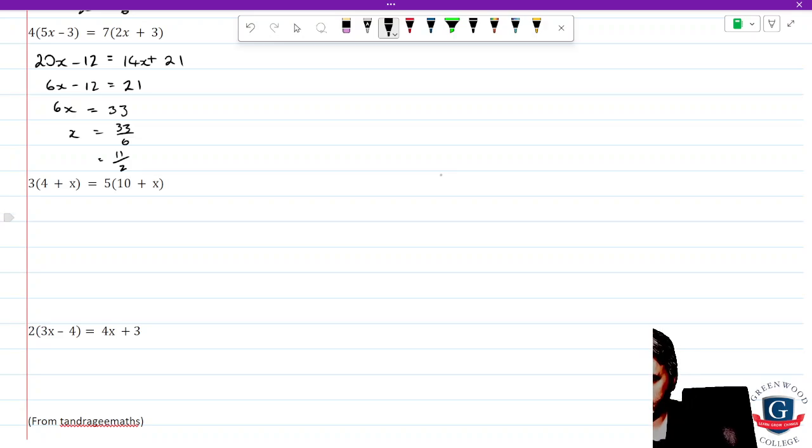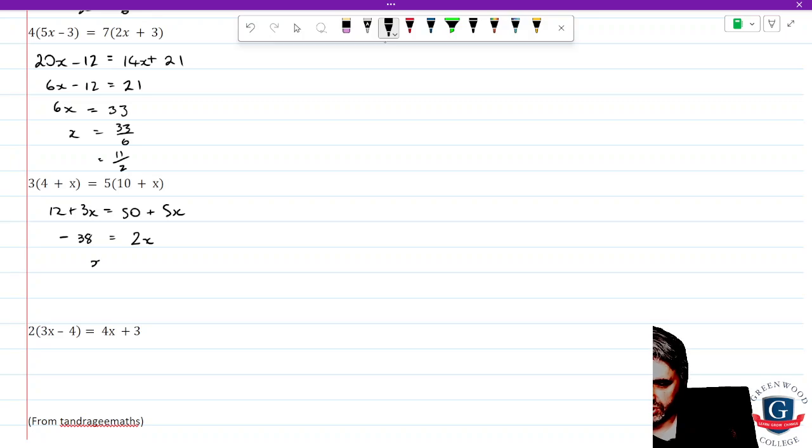Again here, no point dividing both sides, so might as well just multiply them out. Subtract 3x from both sides, so that'll give me 2x on this side. Subtract 50 from this side, that'll give me negative 38.